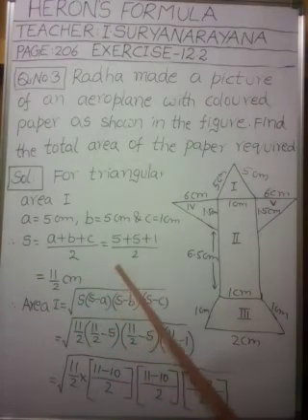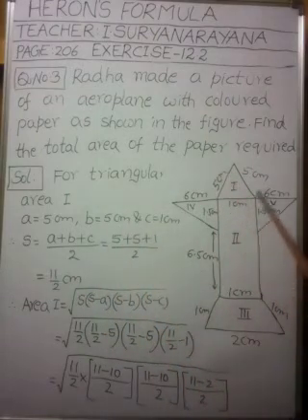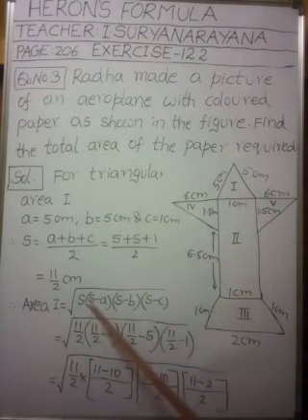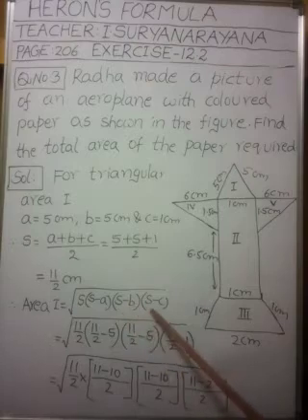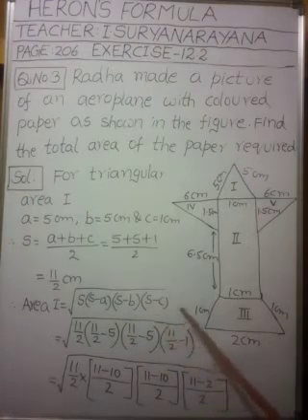Now come to the area of this part 1. Square root of S into S minus A into S minus B into S minus C. This is nothing but Heron's formula.